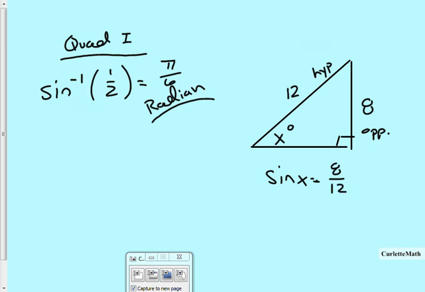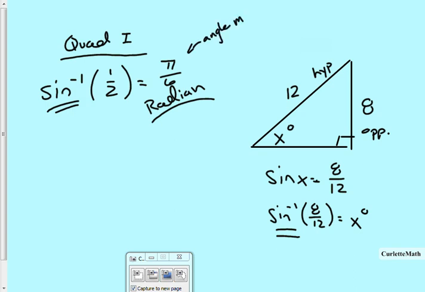Well, to find our angle measure, we would take the sine inverse of 8 divided by 12, and that would give us our angle. Well, if you notice, we have that inverse here. We have the inverse up here. Our radian also could go with an angle measure of 30 degrees. So it's all related back to what we've done before.